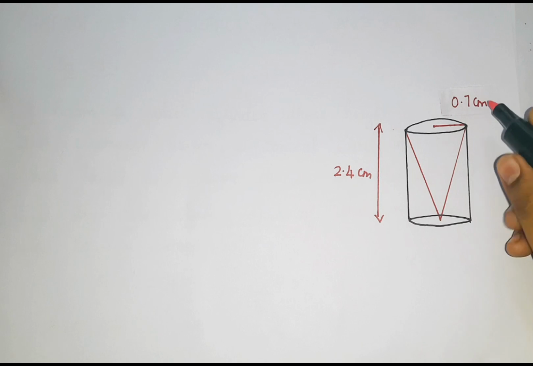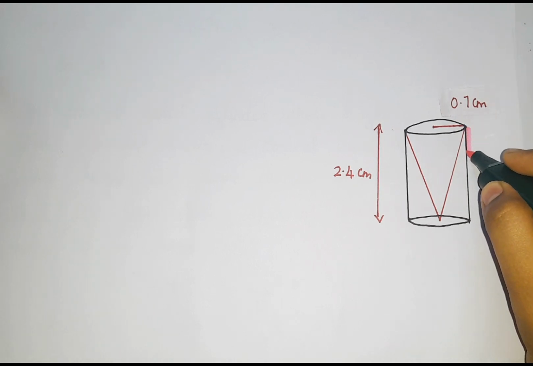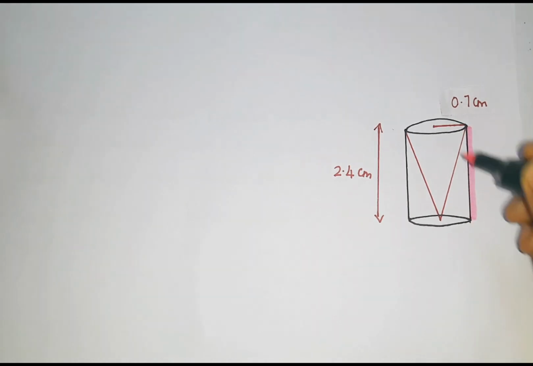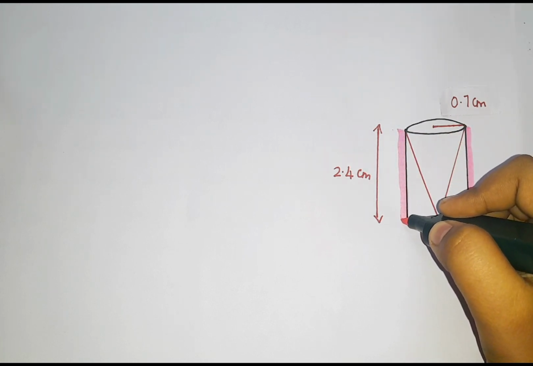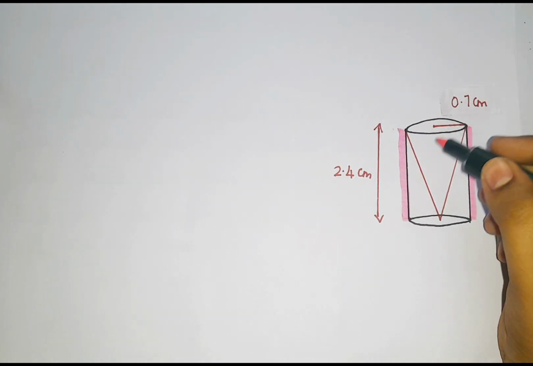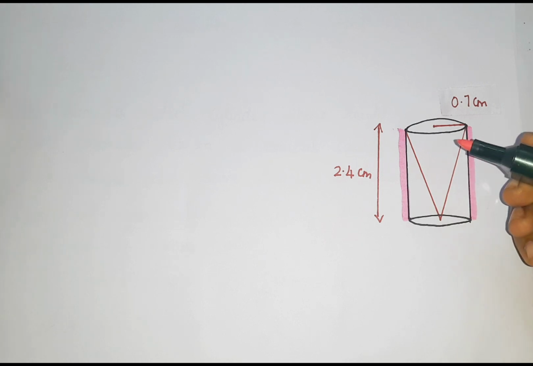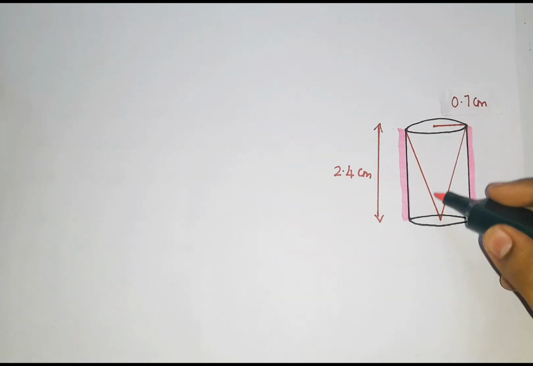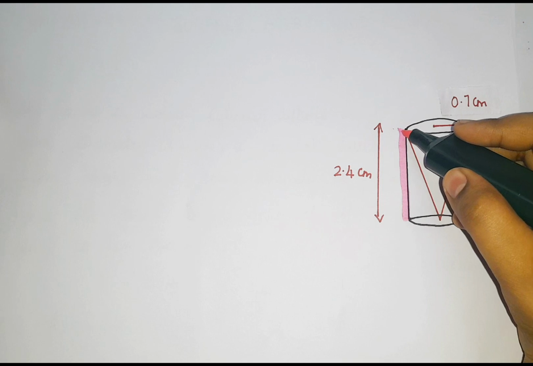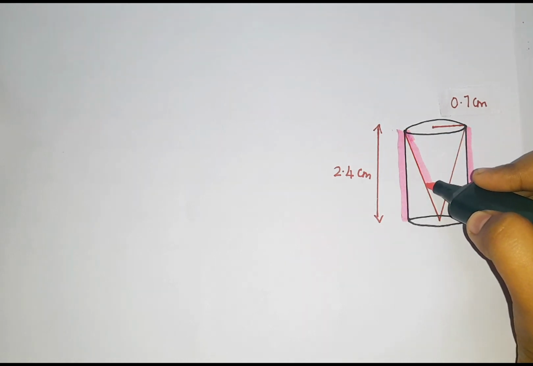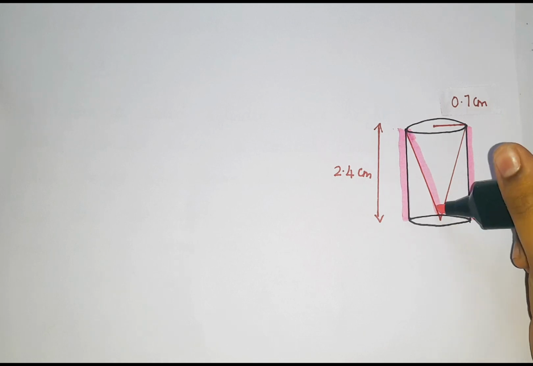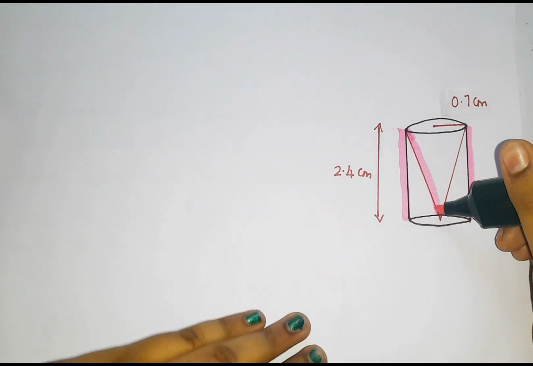So I am able to paint the outer portion, right? Like this. And then what about the cone? Will I be able to paint inside? Yeah, of course I am able to paint the inside, like this.